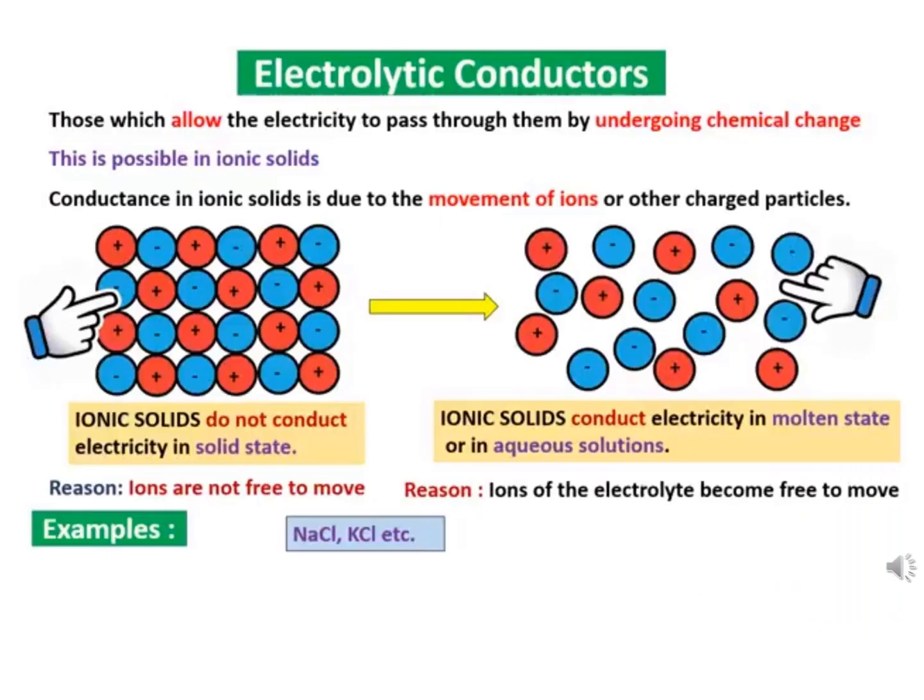Other type of conductors: we said that we can divide conductors into two types. One is metallic conductors and the other is electrolytic conductors. In metallic conductors, the electricity can pass through without any chemical change, and that conductance is due to free movement of electrons.